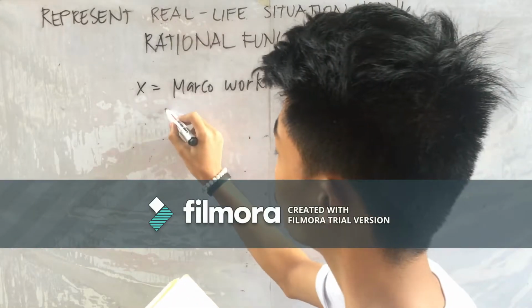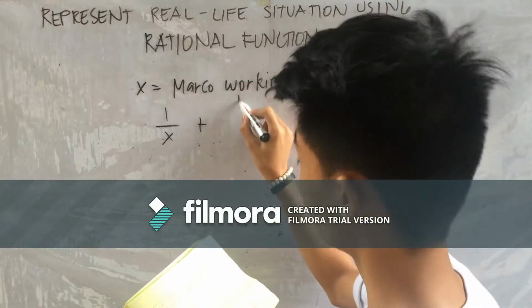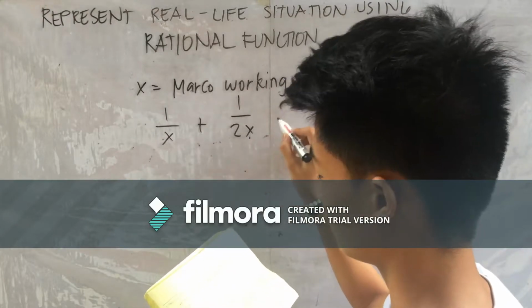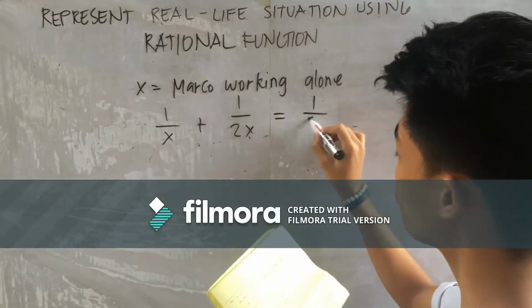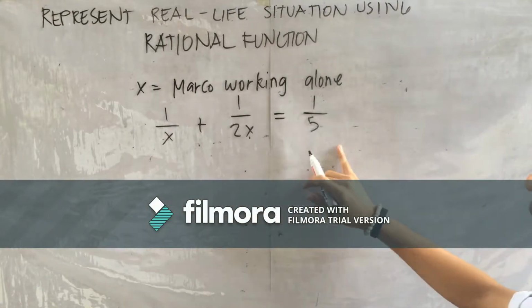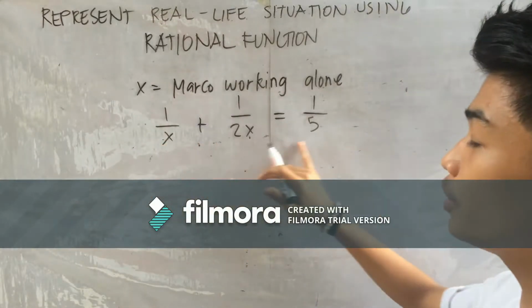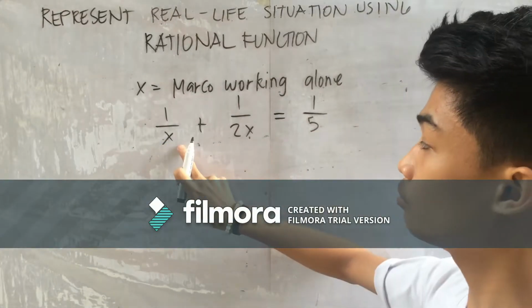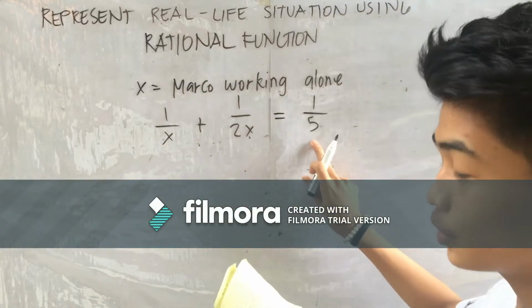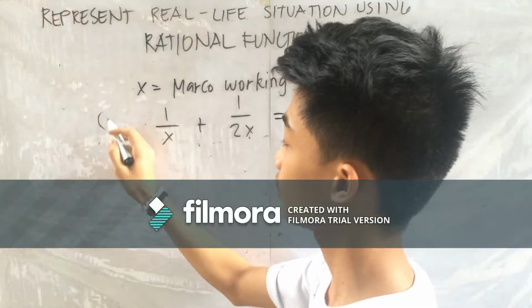So first, 1 over x plus 1 over 2x is equal to 1 over 5. So kukunin natin yung common denominator nila para mawala yung mga denominator. So yung common denominator nila is 10x.